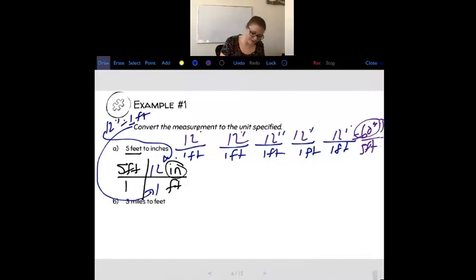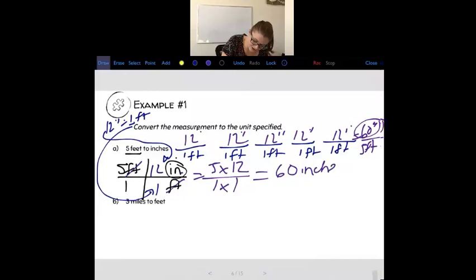It's just set up a little differently with this bar down the middle to help you separate, because as we go on in this chapter, we're going to be doing multi-step conversions. The way that it's set up, you take 5 times 12 divided by 1 times 1, which again lands you back at 60. Feet cancel, and our units are inches. That tells us that we probably did it right because the proper units canceled.